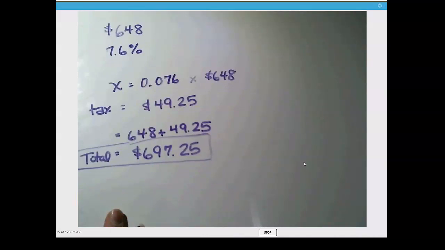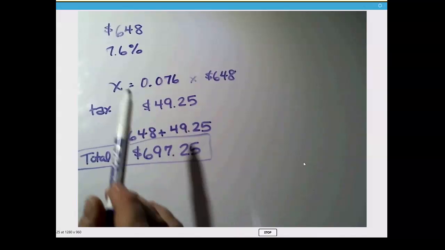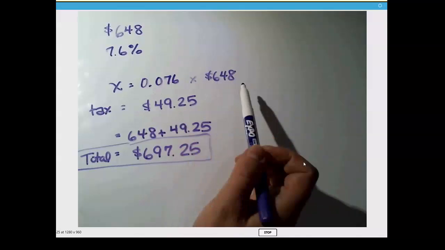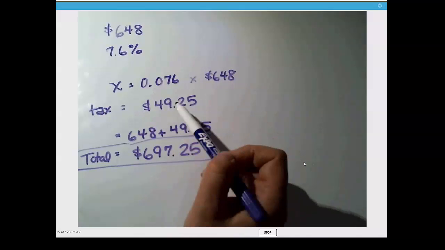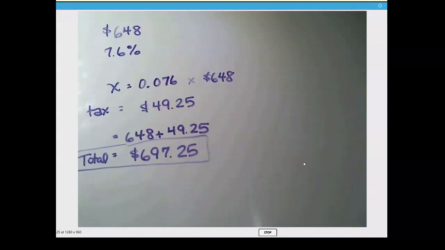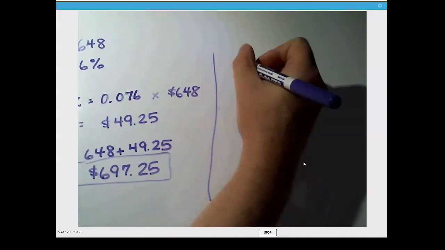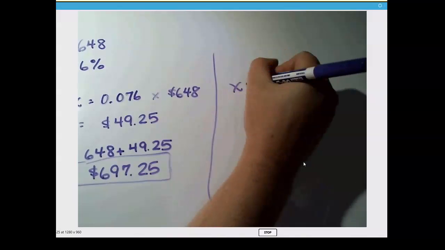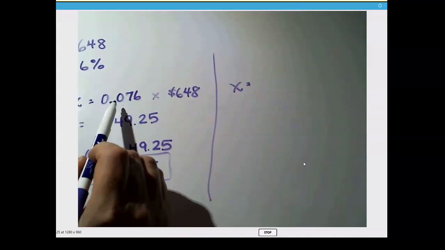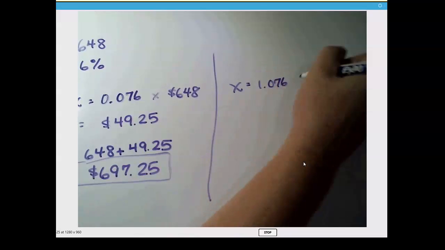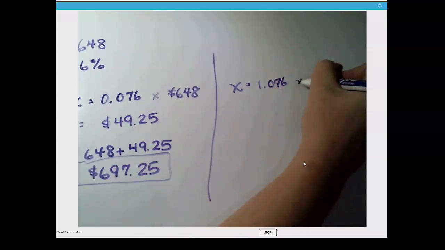And again, that's usually how people are used to doing it. They take their tax in decimal form, multiply it by the price, get their tax, and then add that on. What I'm attempting to show you with the other method is add the 1 on right off the bat instead, and then multiply by your price.